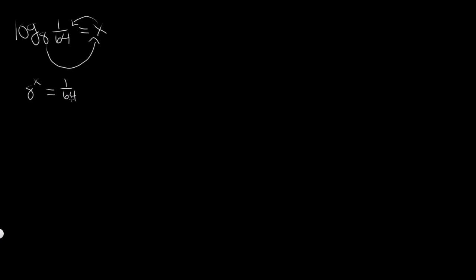And then we can rewrite 1 over 64 as 64 to the -1st power, because if you have 1 over any number, we'll just write x as any number, we can write the denominator up where the numerator would be by raising it to the -1st power.